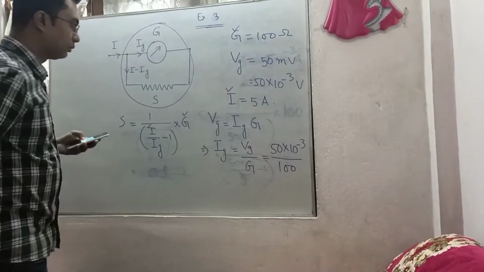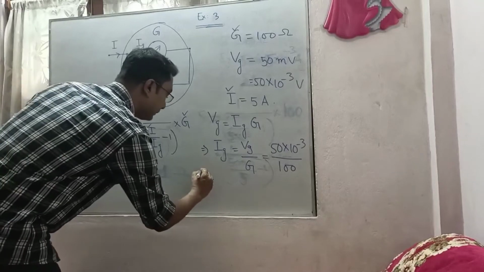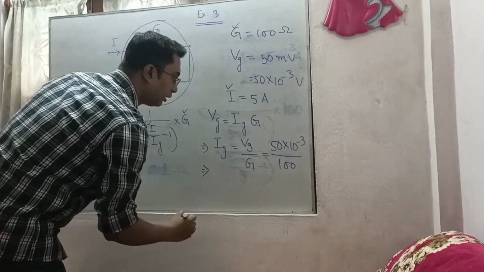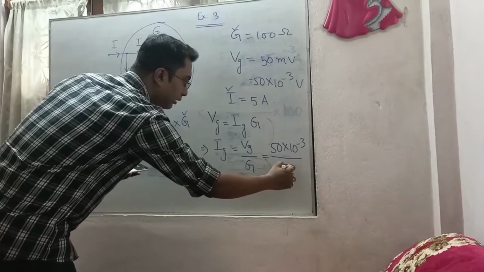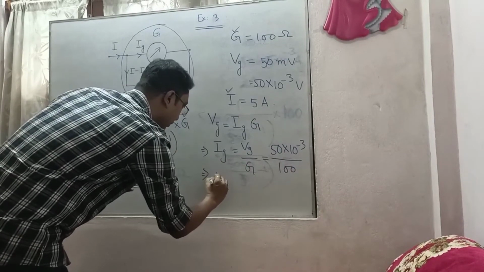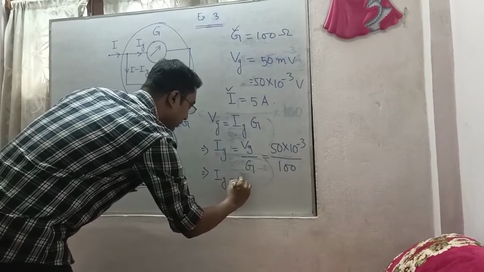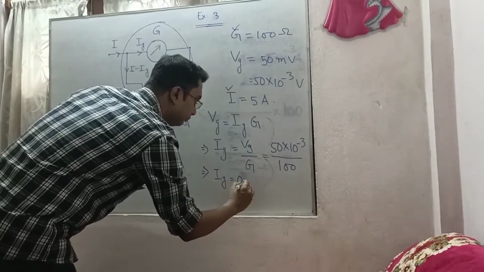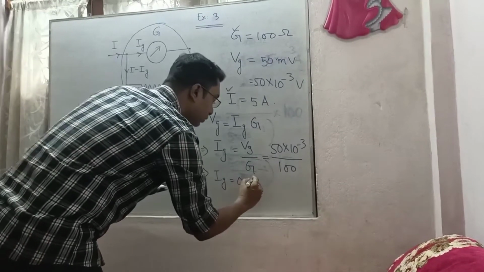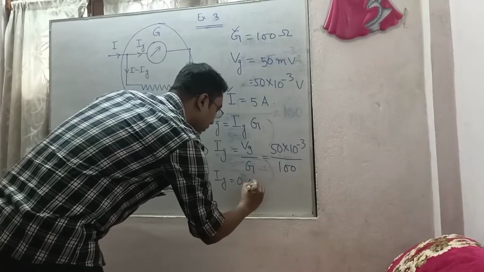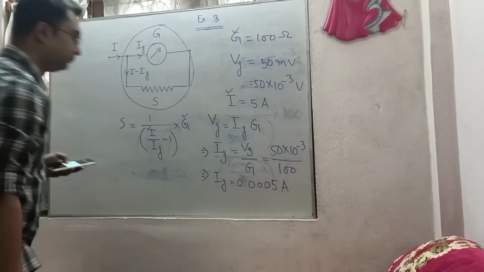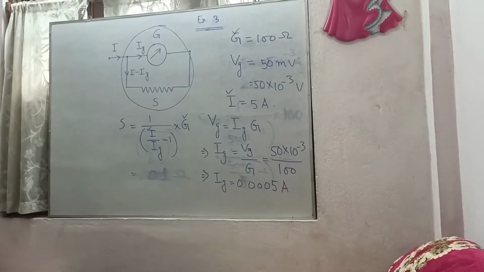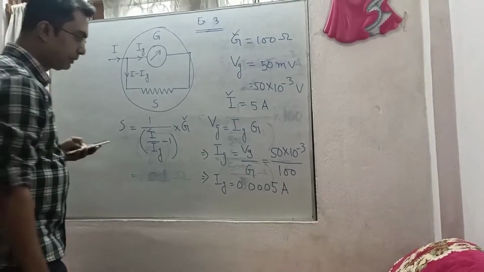So from this we get Ig as 0.0005 ampere, that is 0.5 milliampere.